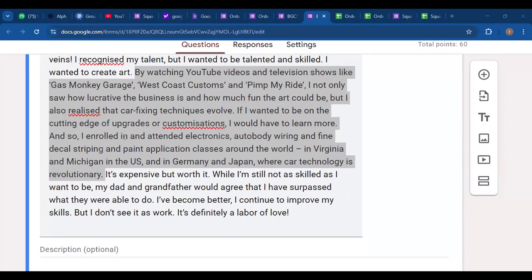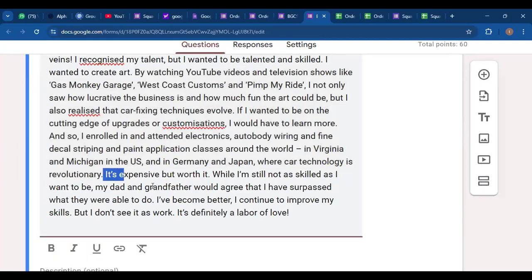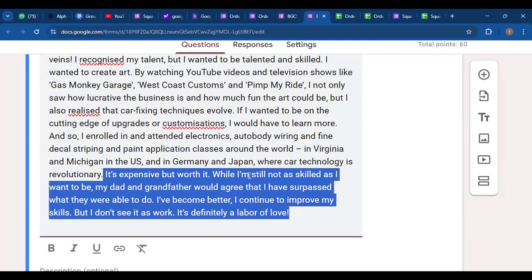And so I enrolled in and attended electronics, auto body wiring, decal scripting, and paint application classes around the world in Virginia and Michigan in the US and in Germany and Japan, where car technology is revolutionary. Very good. It's expensive, but worth it.